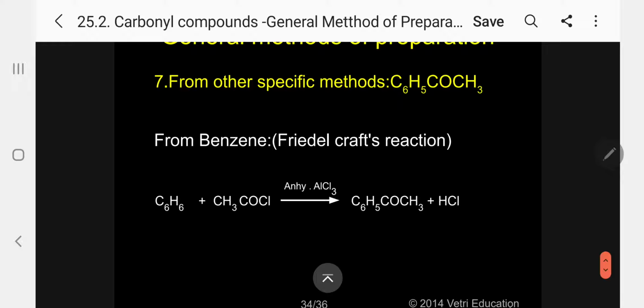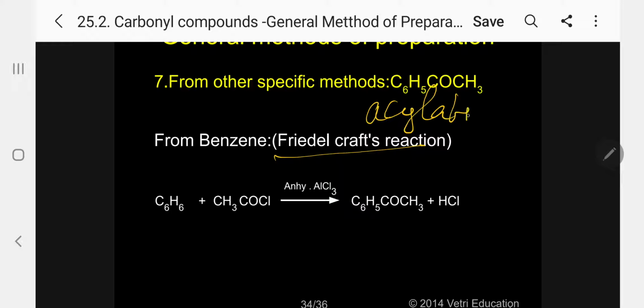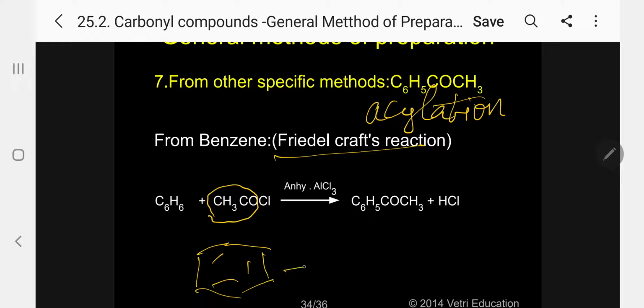Coming to acetophenone, that is Friedel-Crafts reactions, specifically Friedel-Crafts acylation. Please follow. Specifically say Friedel-Crafts acylation. What is happening now? This acetyl group is going to add to the benzene ring. What way? See this mechanism. So this is the benzene. So what will happen now?